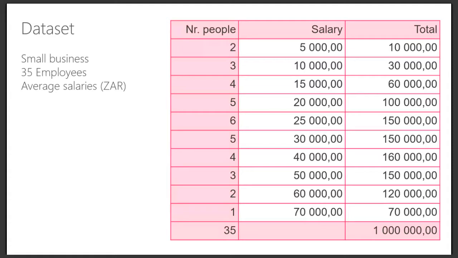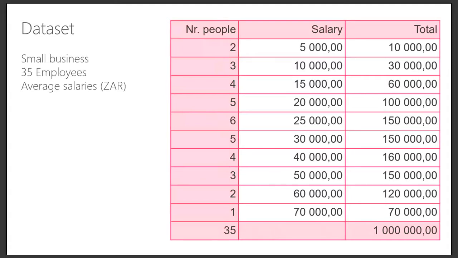I worked on a small business with about 35 employees. I worked on average salaries from the lowest salary up to executive. To give you an idea, that executive salary I loaded is about a quarter of what executives actually earn.